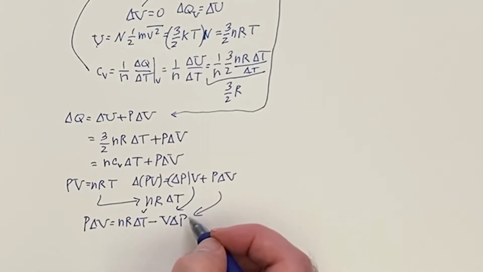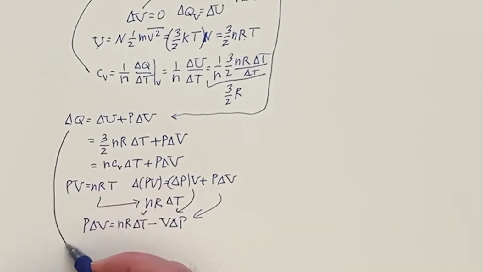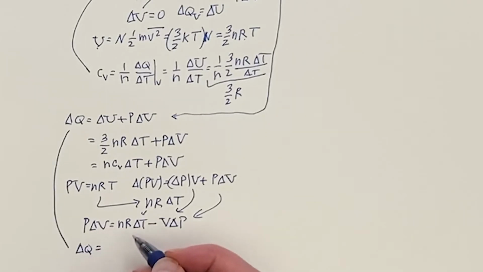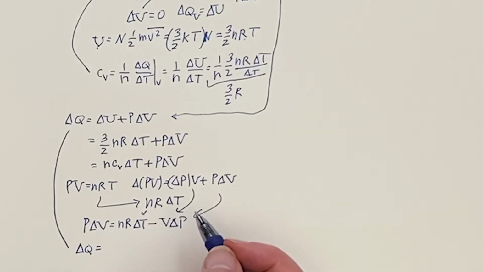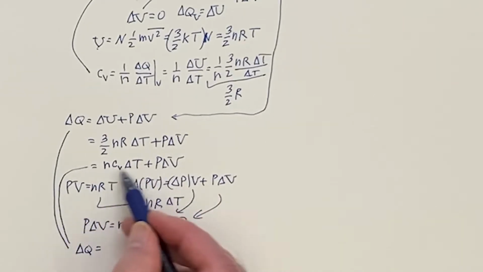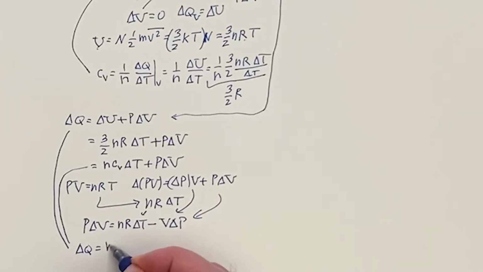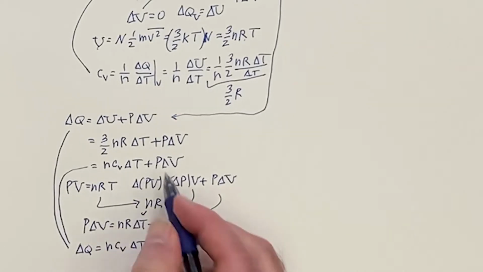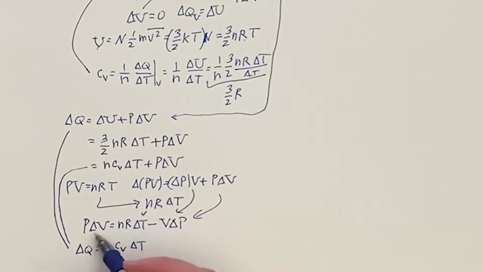Now the reason why I want to do that is because when I use this equation now, delta Q, actually in this second one here, I'm just going to copy N CV delta T, but then for the plus P delta V, I'm going to copy this one down here.